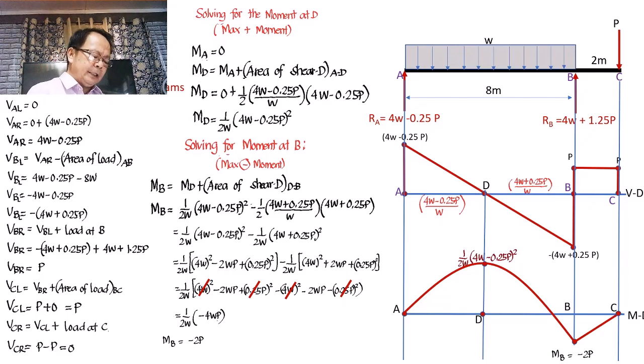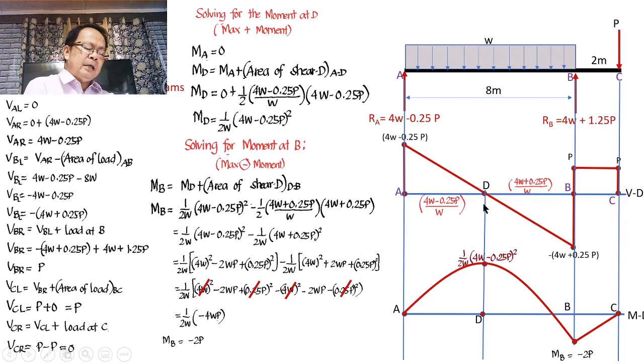Kanina, pinakita natin that we have solved the value of the moment at B, which is negative 2P using the relationship between the moment at D and the moment at B, diba?